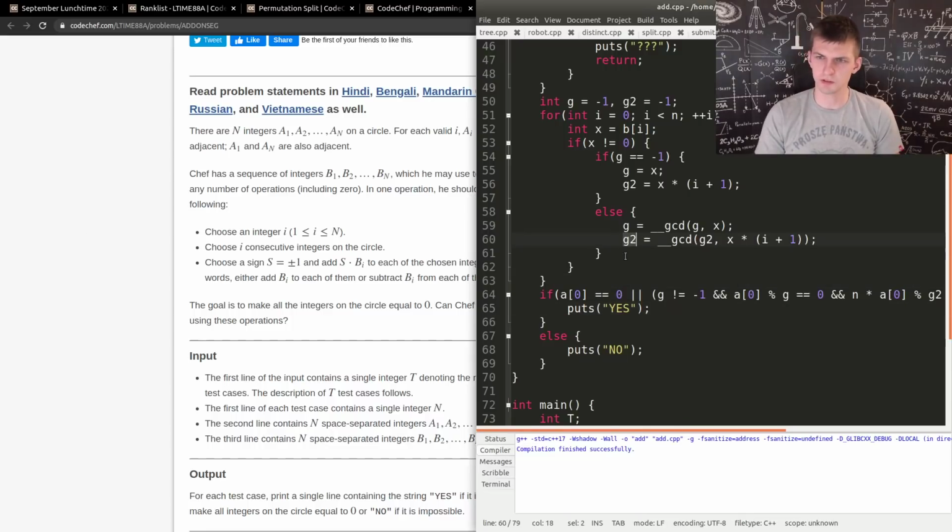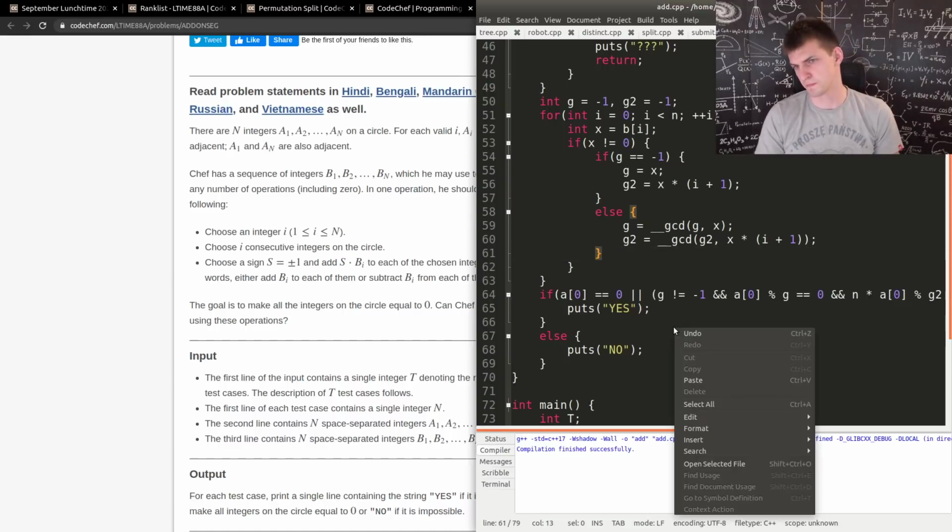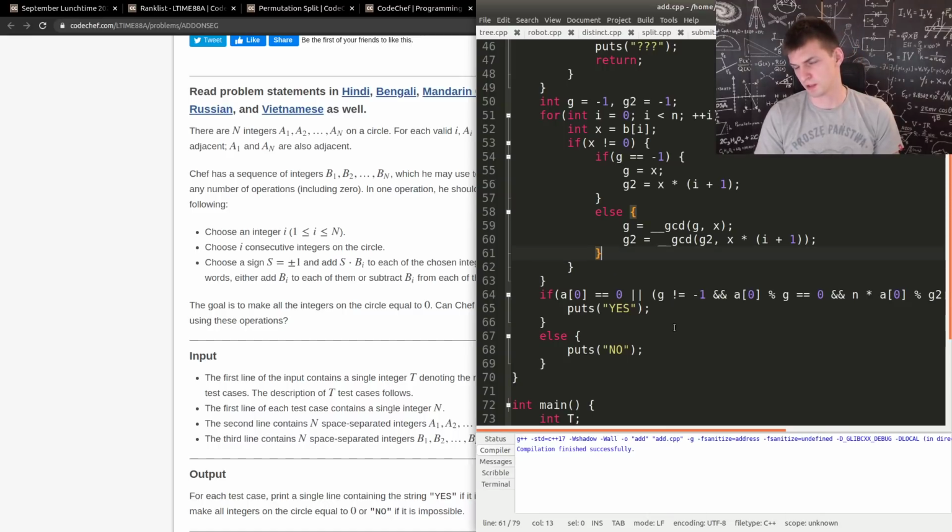So this G2 is about how much the sum of all numbers changes. I don't know if it's equivalent, but I can investigate if I use this number to increase every number in the sequence by the same value.